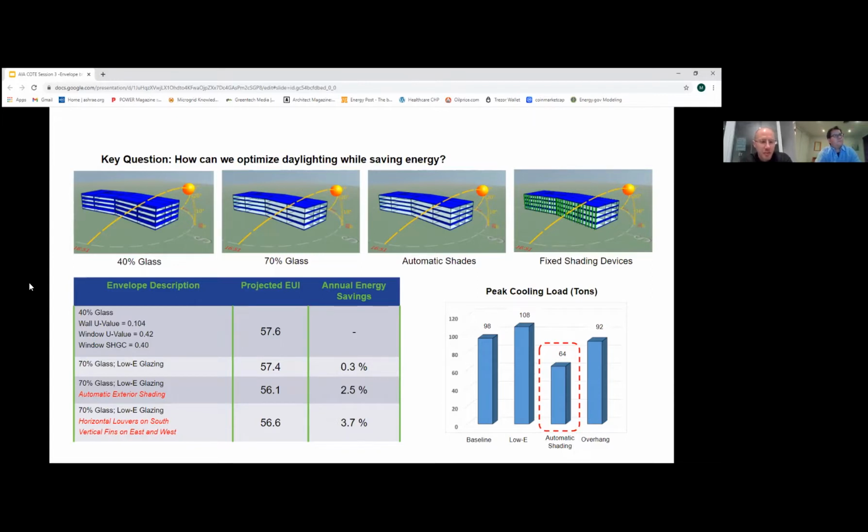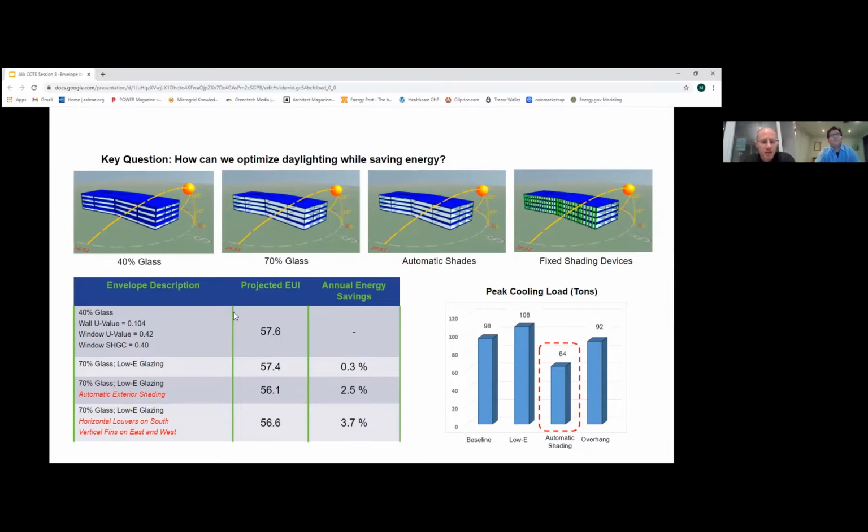So we broke down the envelope study into 4 different envelope analyses, where the first was a 40% glass building that met code, and that was the base point. So the EUI was about 57.6, and that was the baseline where we start our comparisons.